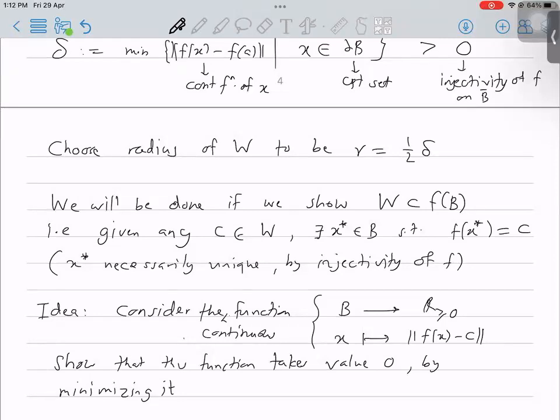But I do not know that this continuous function will take a minimum value on an open set. So I play the same game once again: I extend the function to v bar and minimize it on v bar. Then we will show that this minimum value actually cannot occur on the boundary. It will actually occur inside.